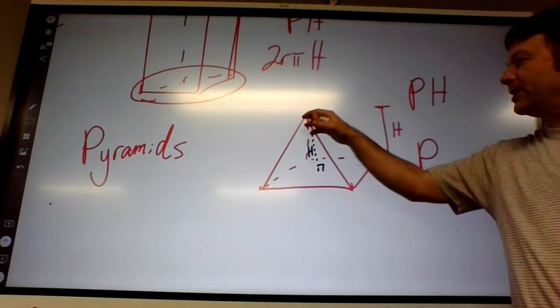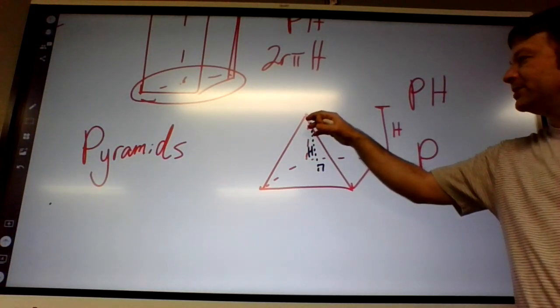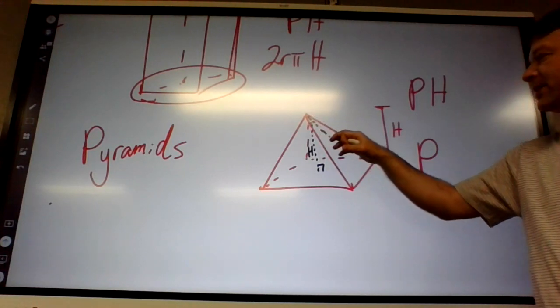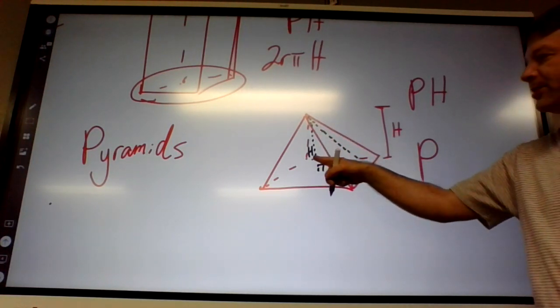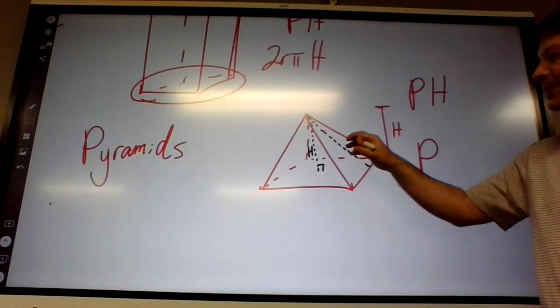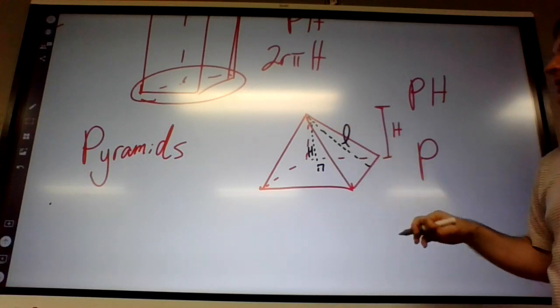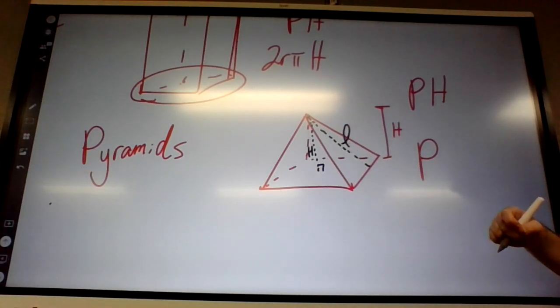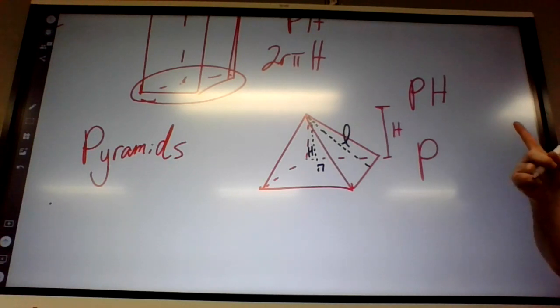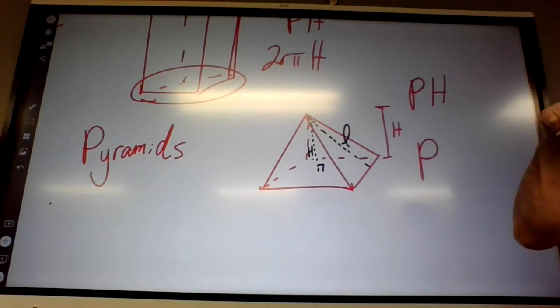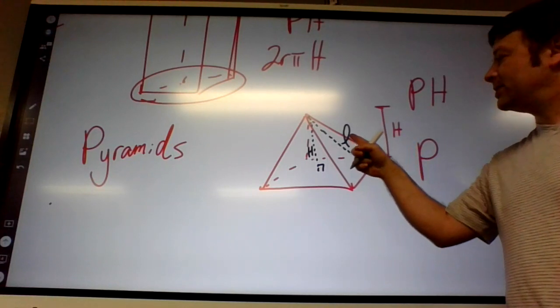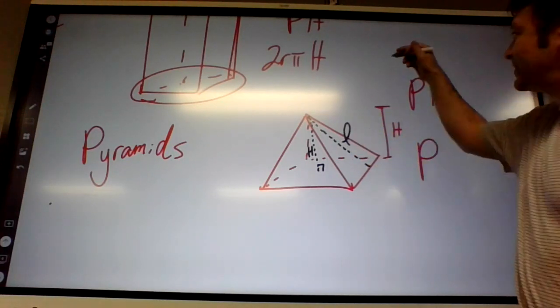But if you want to do the lateral surface, you need this height, which you can't call the height because that's the height of the pyramid, right? So what do you call this thing? Slant height. They called it the slant height, and they used a little L. Probably because an S looks like a 5, but this is an L for slant height.